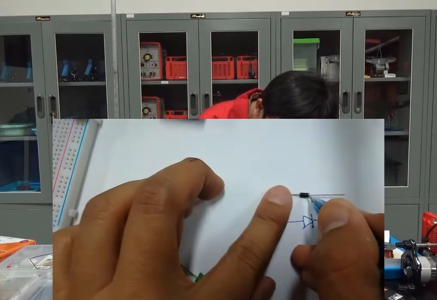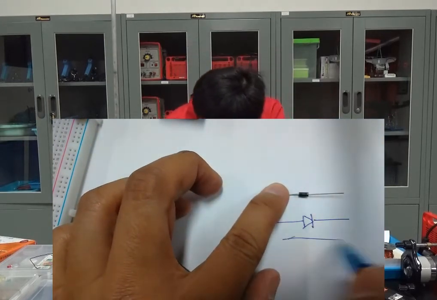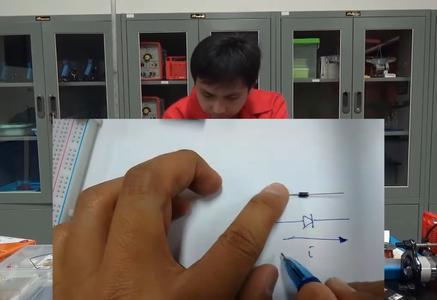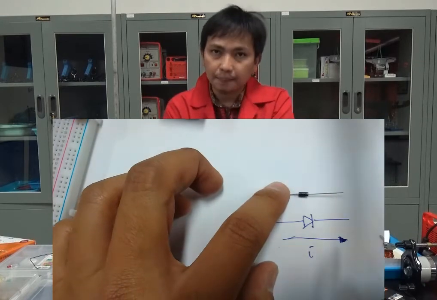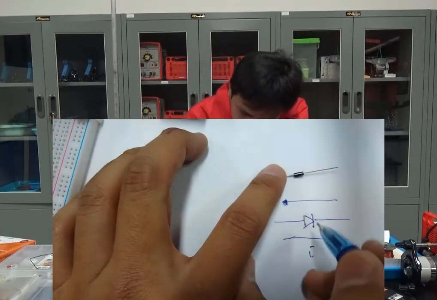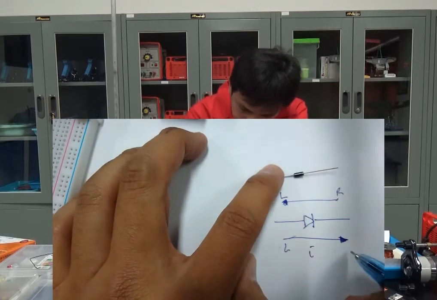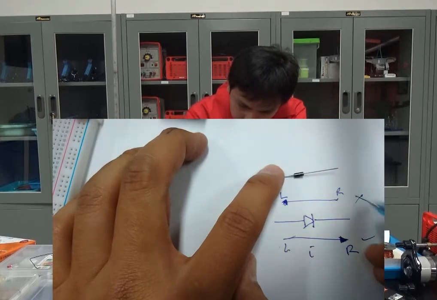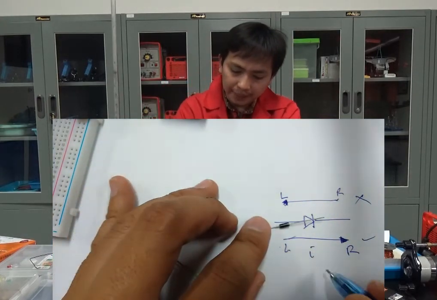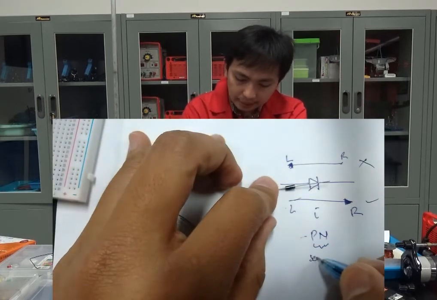Look, there is a line here, so the diode will allow the current from left to right, but it stops the current from the other side, from right to left. From left to right it allows, but it does not allow the reverse, because inside this LED we have the PN junction, based on the semiconductor.